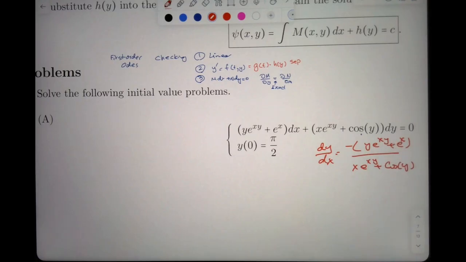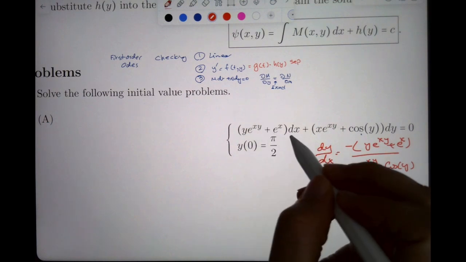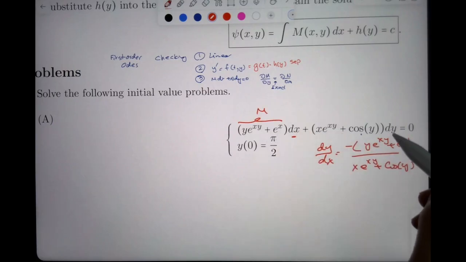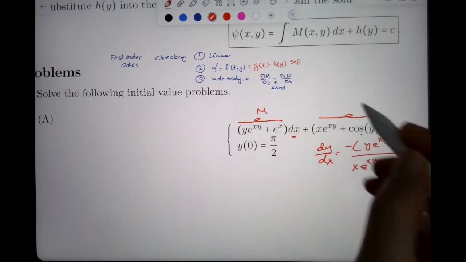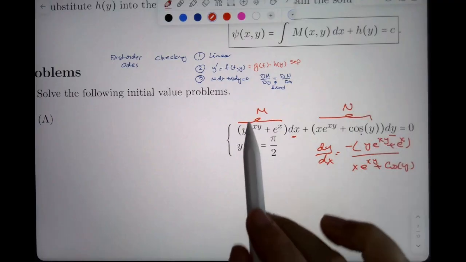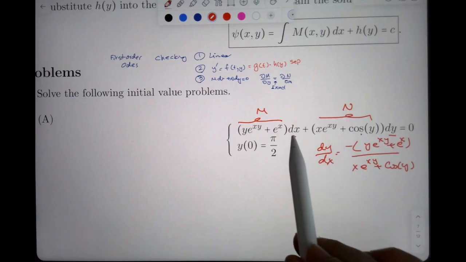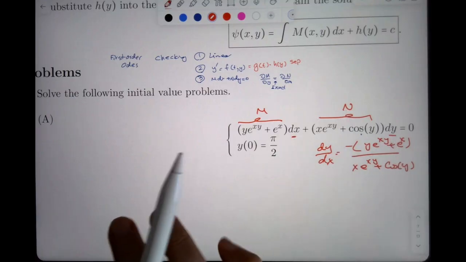So I'm going to suspect an exact equation. And remember, what multiplies x is M, what multiplies y is N, and that's the one. Remember, M comes before N in the alphabet, x comes before y.